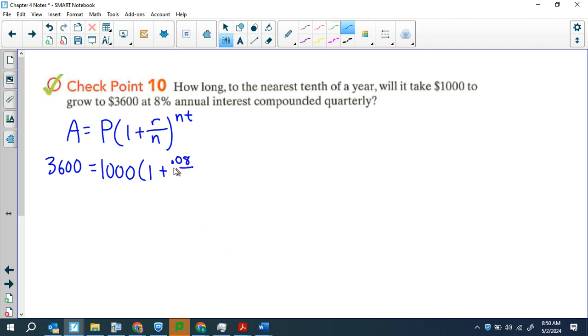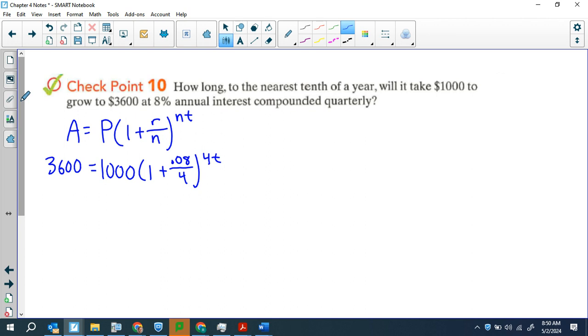And n is our compounds per year. If it's compounded quarterly, that's how many times per year? 4. So we're going to put 4 in for the n. We're going to put the same 4 in for the n here, and we're solving for the number of years. It says how long to the nearest tenth of a year. So we're going to keep that as t, and that's what we're solving for.